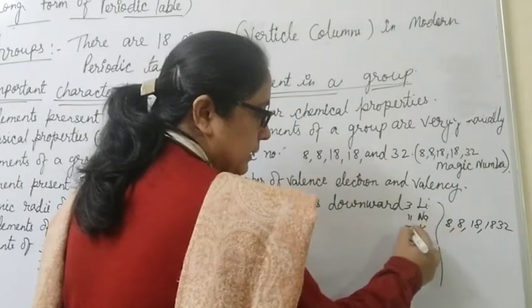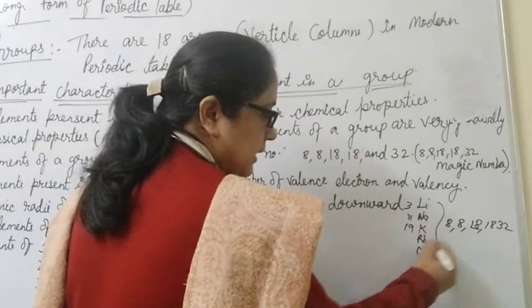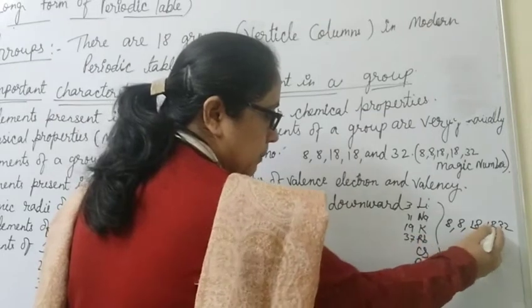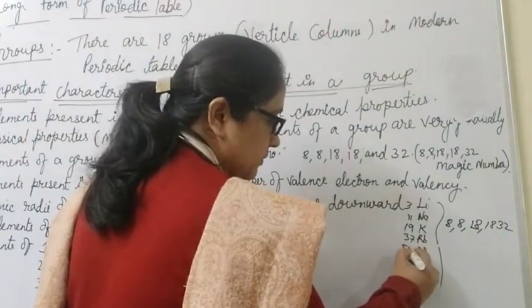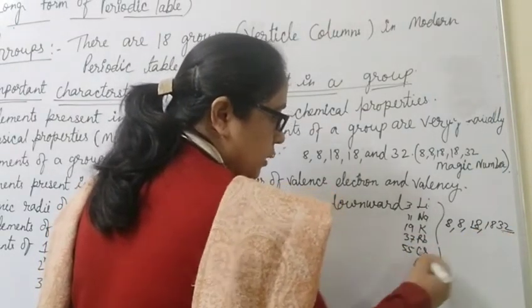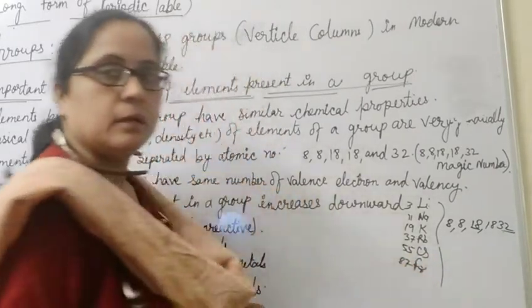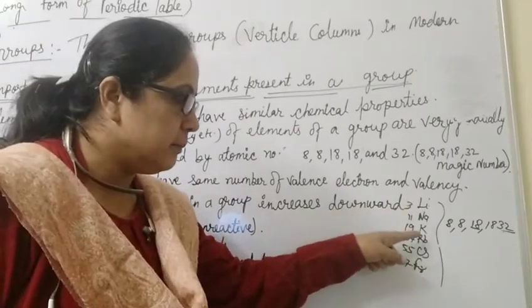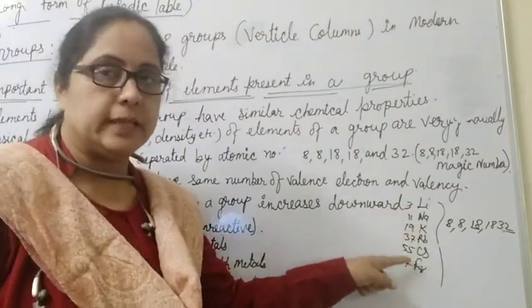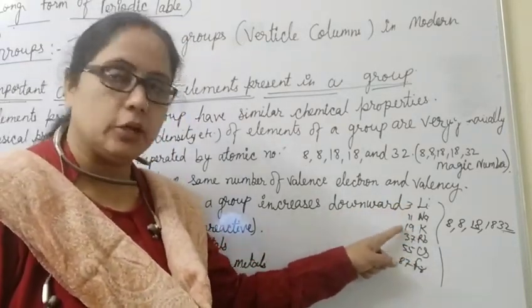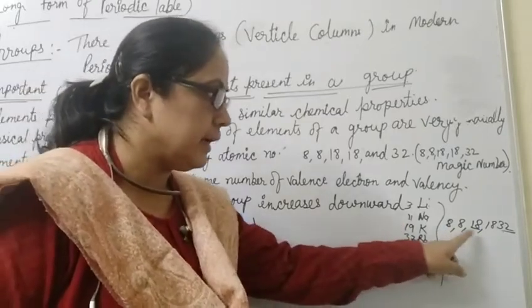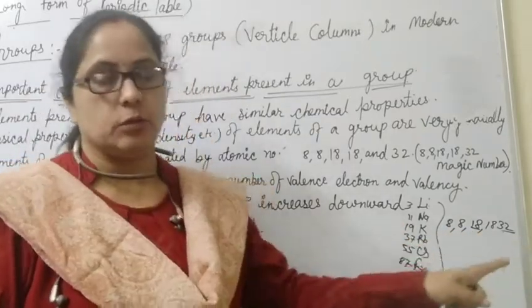Plus 8, that is 19. Plus 18, that is 37. Plus 18, it is 55. And when we add 32 to the next one, we get 87. It means the elements in a group are separated by the atomic numbers 8, 8, 18, 18, and 32.